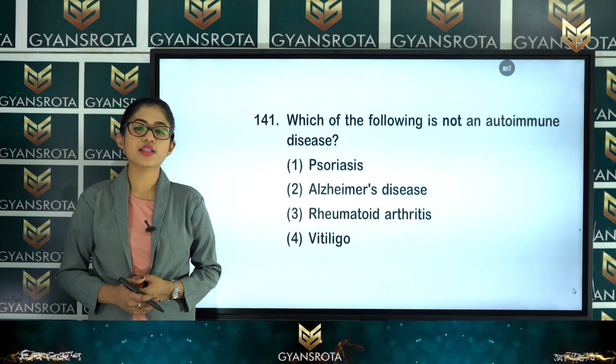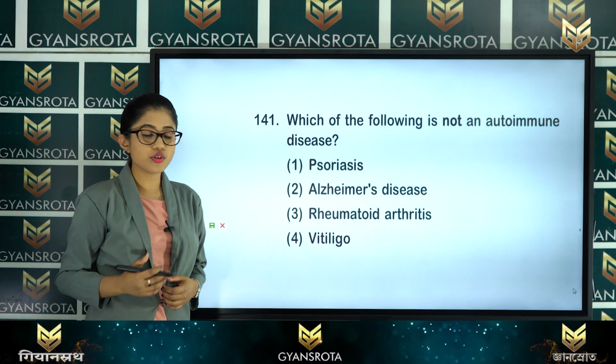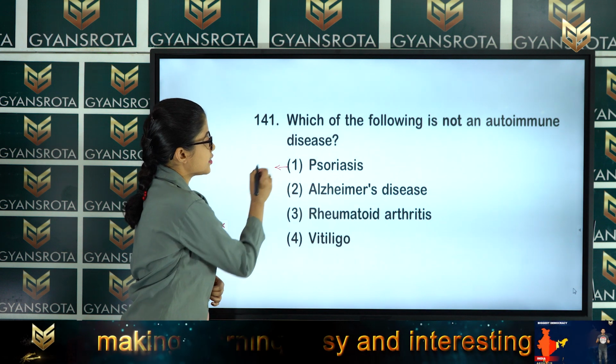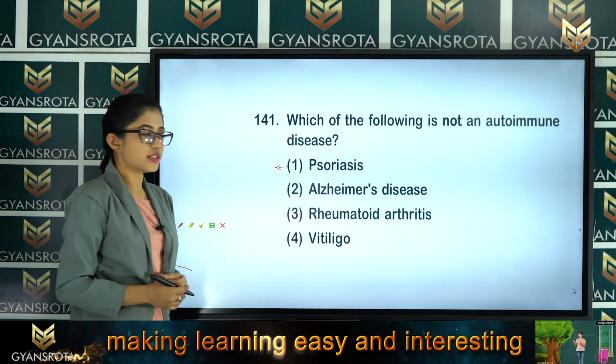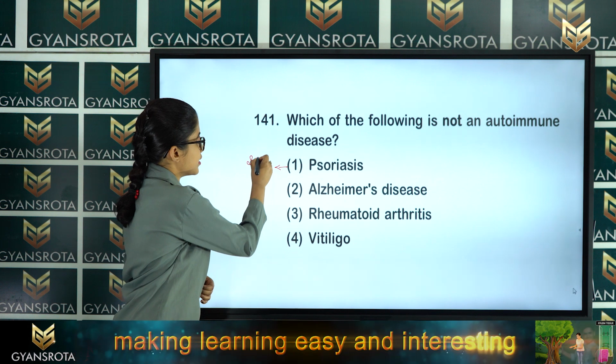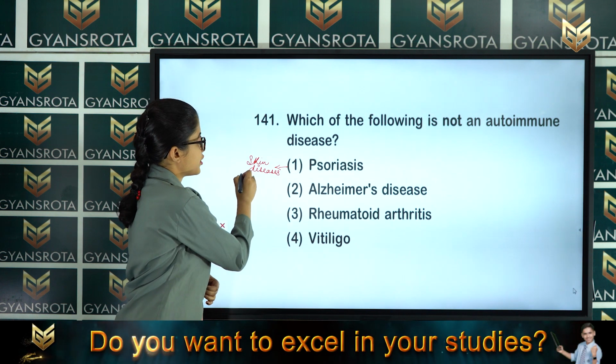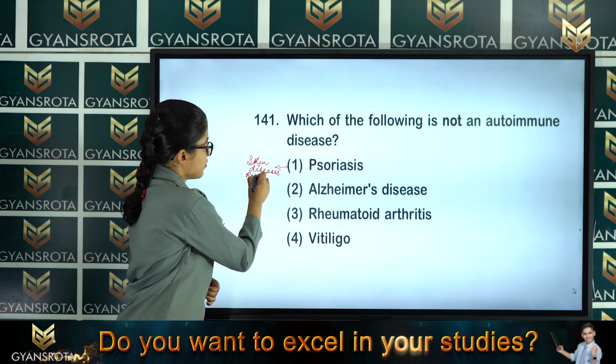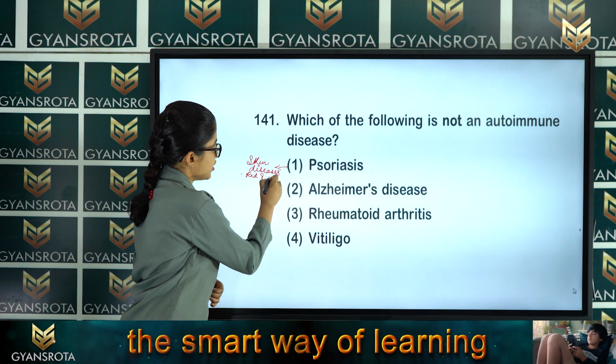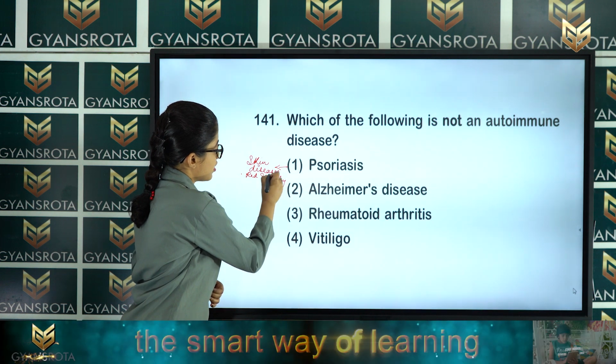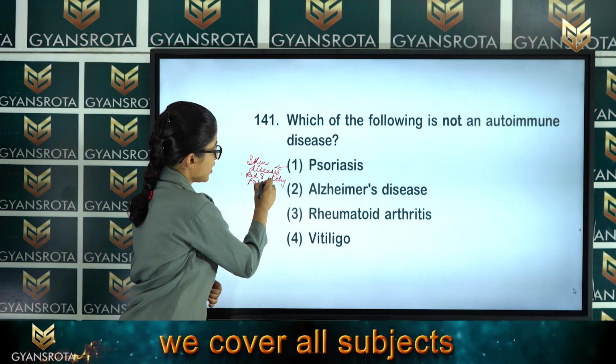So, which among them will be the correct answer? You know that psoriasis is an autoimmune disorder and it is a skin disease where red and itchy patches occur, alright.